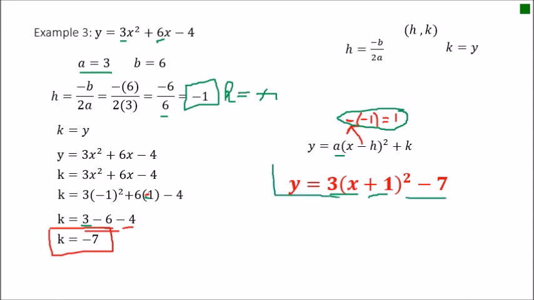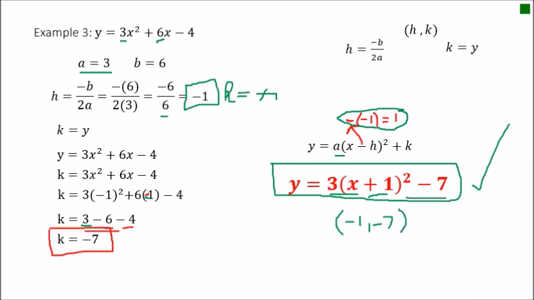So, this is now the vertex form of your original quadratic function in standard form. So, our vertex here is negative 1, negative 7. That's all it is. Don't get confused, class, on how to transform standard form into vertex form.